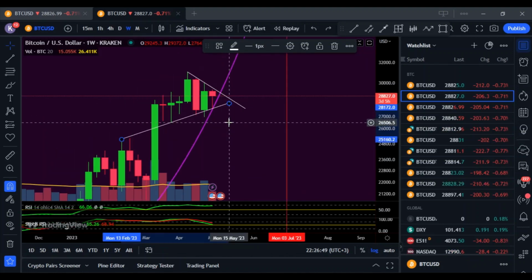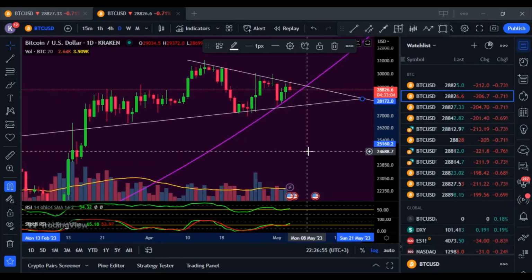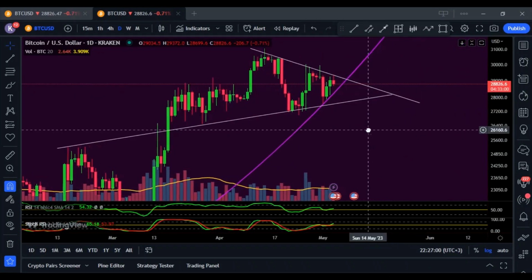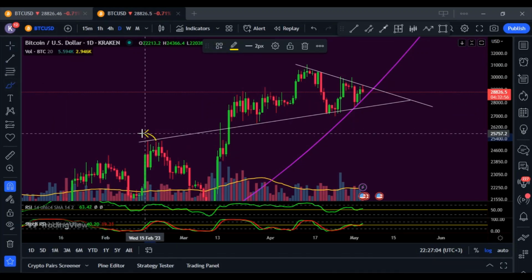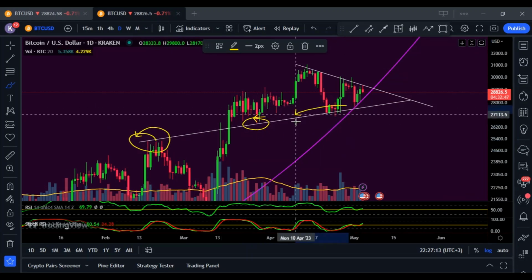So I did this small chart to just analyze it on the shorter time frames, and looking at this on the shorter time frames, this is Bitcoin on the daily, looking very beautiful. We have this zone here, right? The wicks here acting as a resistance, and now here flipped into support.